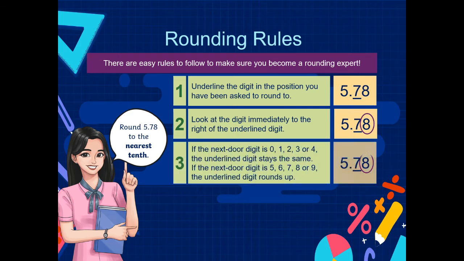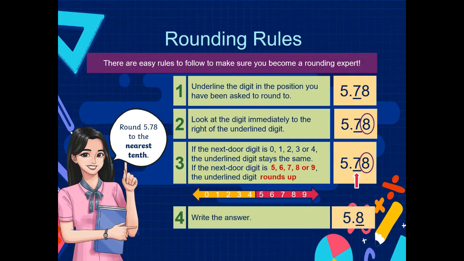The digit 8 will be the basis if you have to round up or round down the digit in the given place value. So 8, being the next door digit of 7, shows that 7 in the tenths place must be rounded up, and also means that it must be added by 1. So the rounded number is 5.8 or 5 and 8/10.